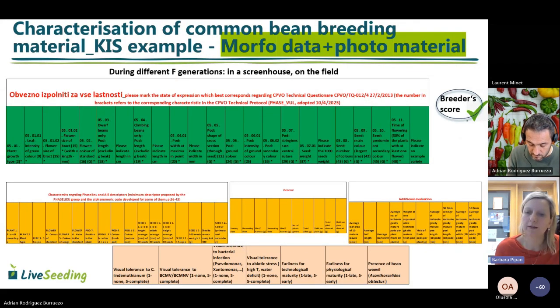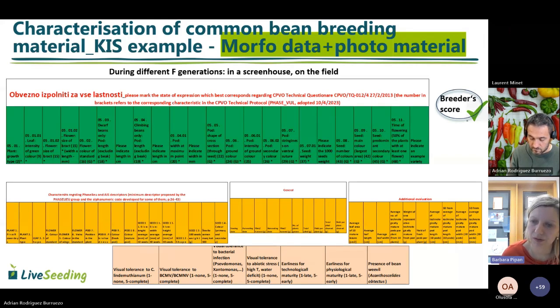Okay, so the first one I named morphodata, on the morphologic level. These are the descriptors, traits of interest, which are already established in the descriptors presented on the previous slide and are associated with different traits. Those descriptors are recorded during different F generations while the material is growing and being selected.